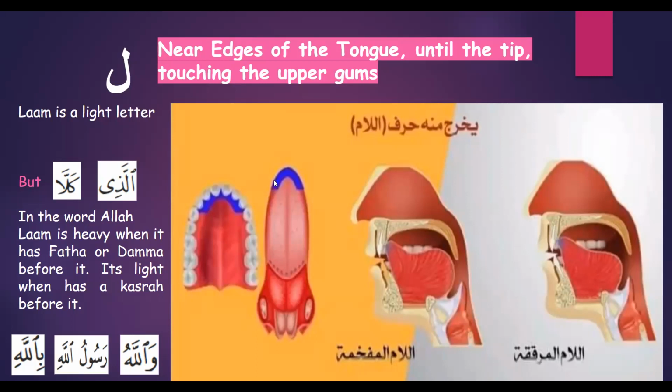Therefore, we do not count the lam amongst the tip letters because it uses its sides all the way from one side of the tongue towards the other side until it also includes the tip.